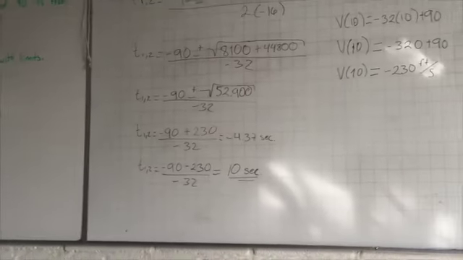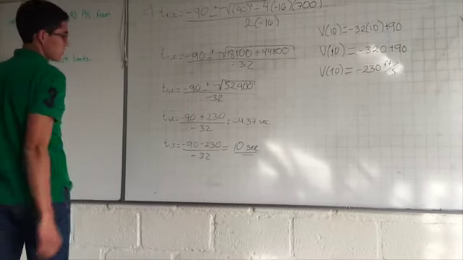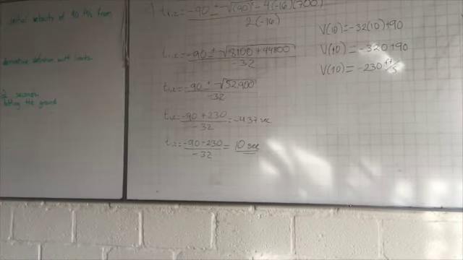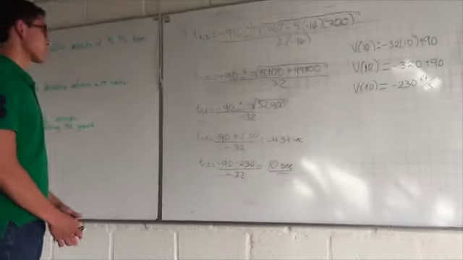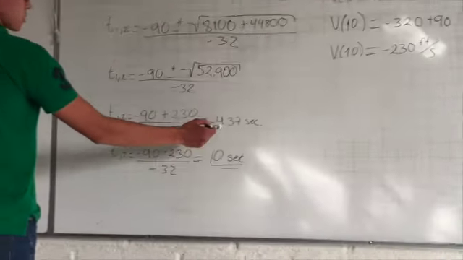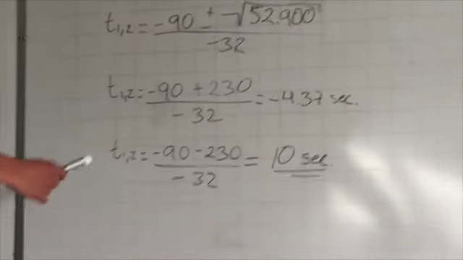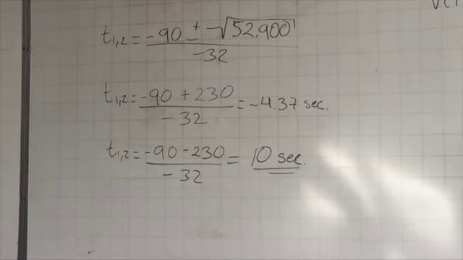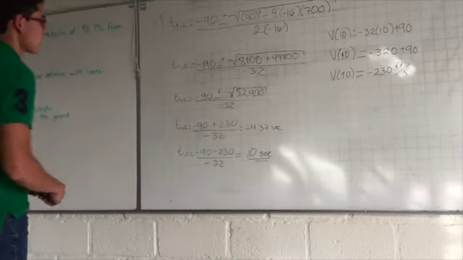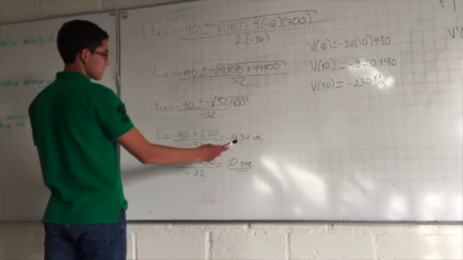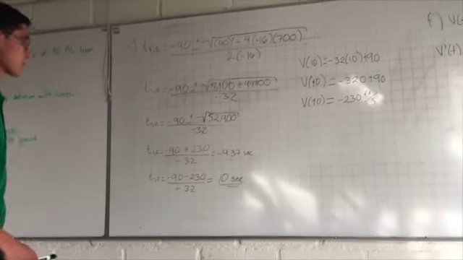For the first one we use the plus sign, and we have minus 90 plus 230, that is the square root of this, over minus 32, and we get minus 4.37 seconds, and the other time is minus 90 minus 230 over minus 32, which gives 10 seconds. And because it is physics, we cannot have negative time.